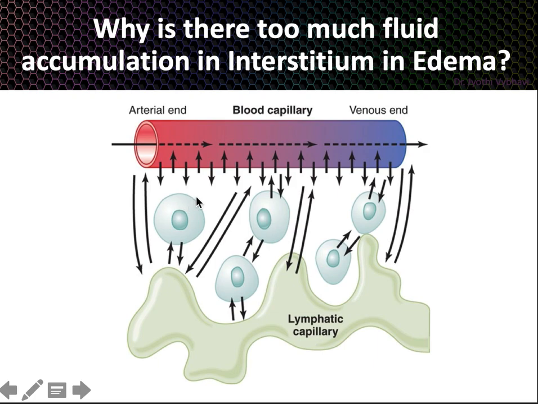Or everything is normal. Microcirculation is entirely fine, Starling forces are fine, but the lymphatics are blocked. Then whatever little protein has been filtered, and whatever little fluid was supposed to be taken back to the circulation by the lymphatics, remains here, and there is interstitial edema. So keep this picture in mind whenever you have to analyze things.